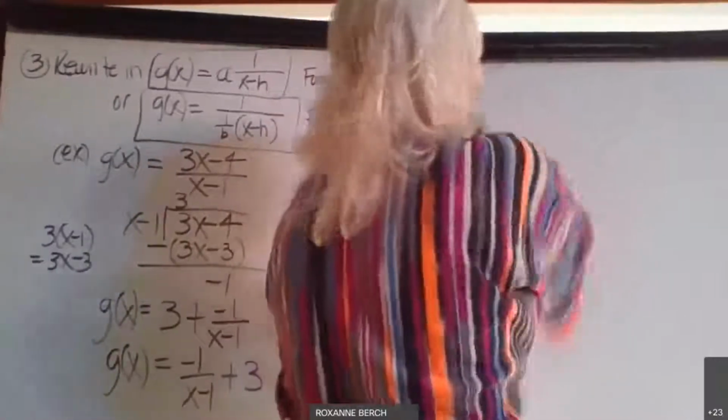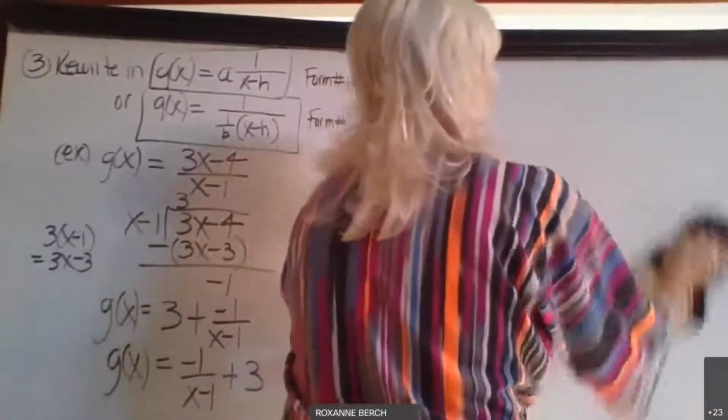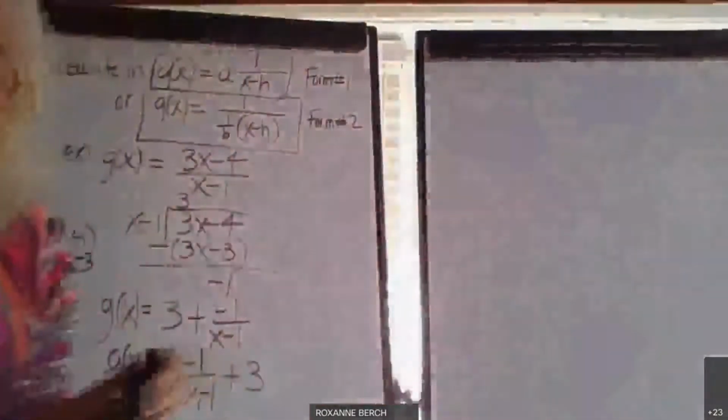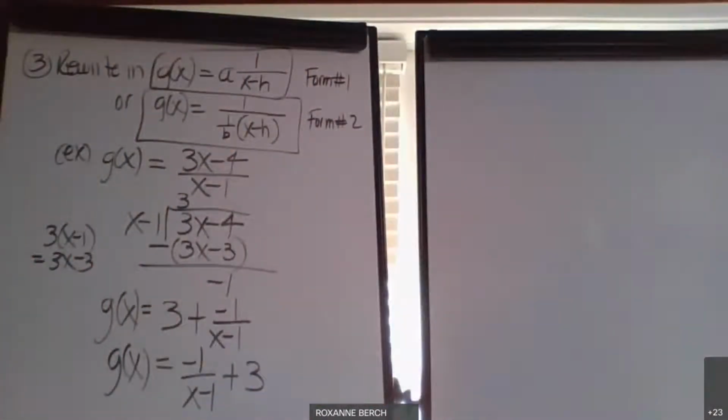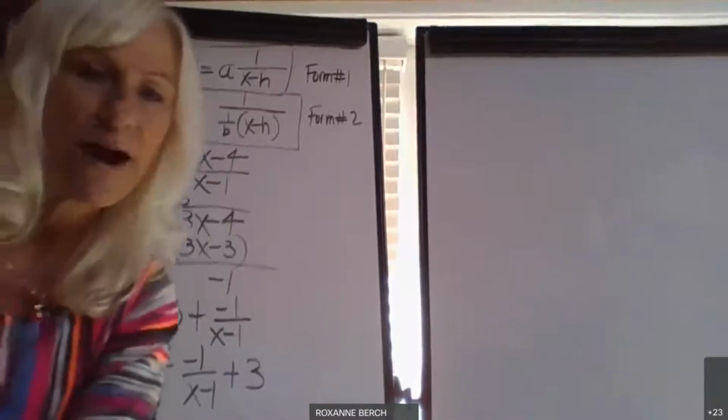So who would have thought that we would be using long division to get the form that we want? So state the transformation, please. I'll write it down here. What's the transformation?